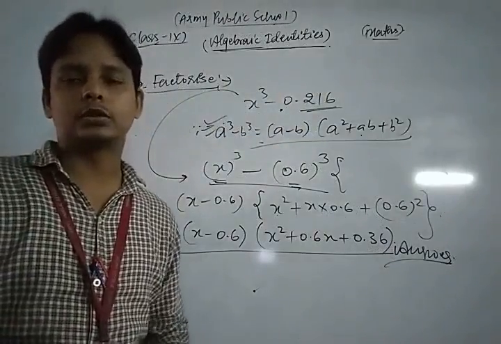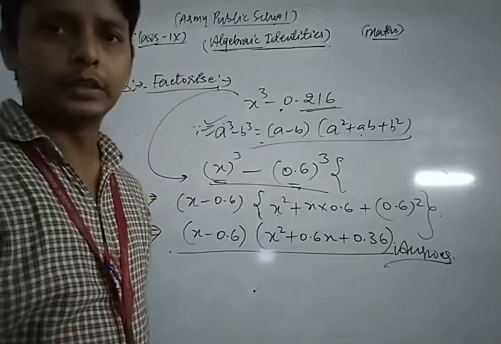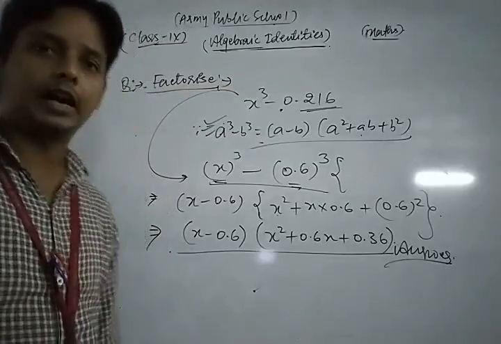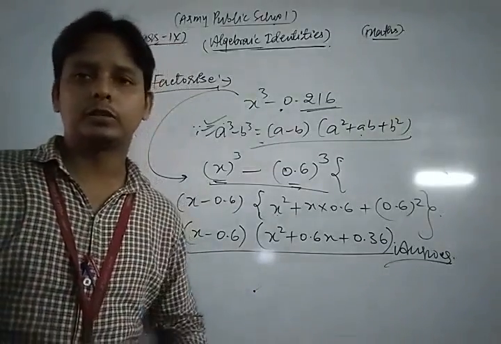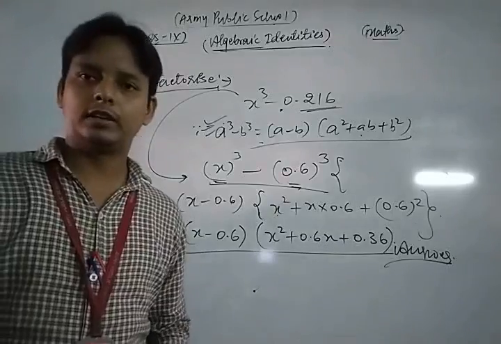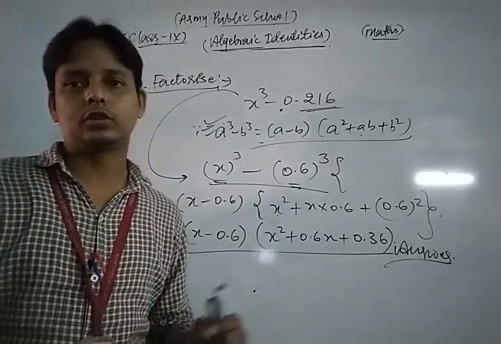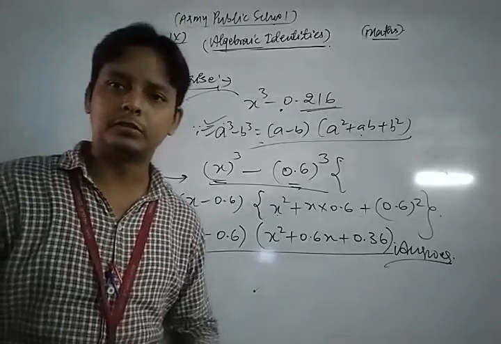Now we take and solve some other important questions based on the algebraic identity a³ + b³ + c³ − 3abc is equal to (a + b + c)(a² + b² + c² − ab − bc − ca).